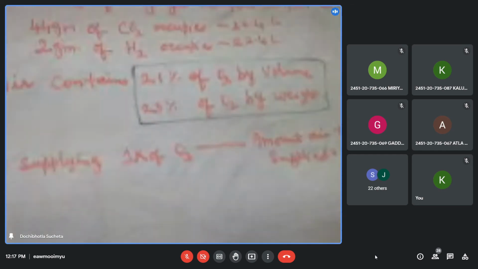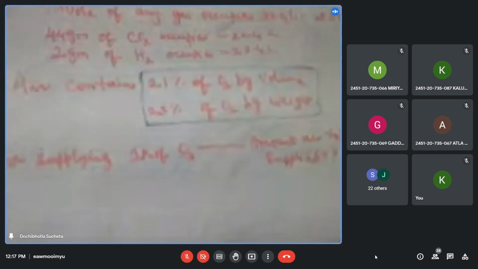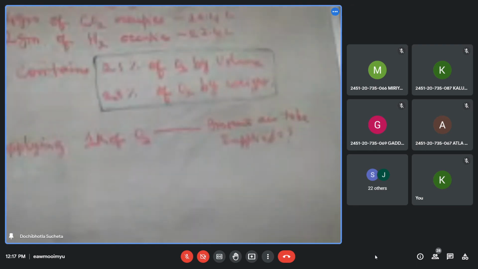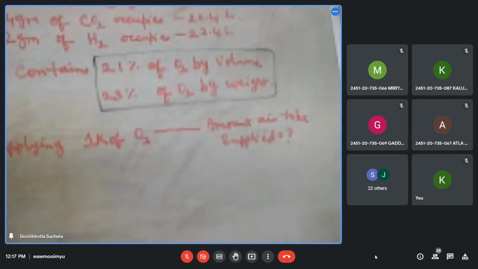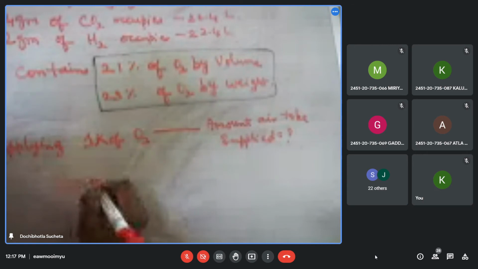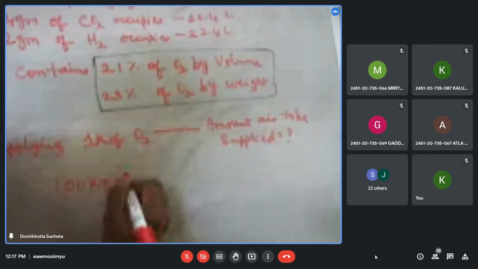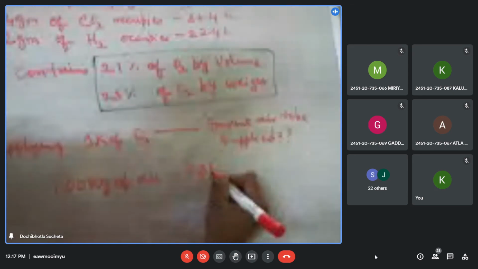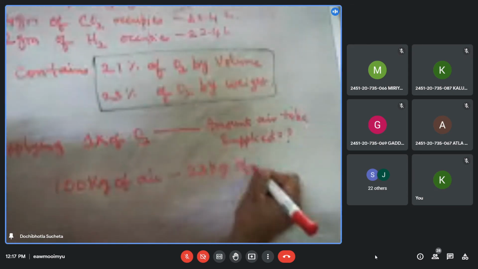How can we say it in percent? 100 kgs of air contains 23 kgs of O2.